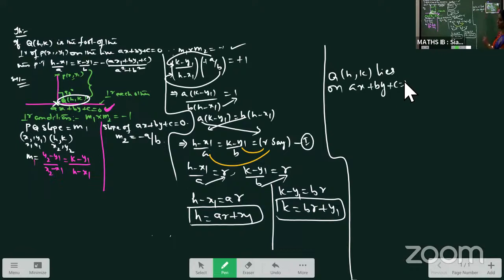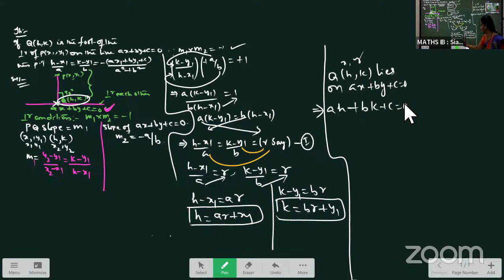The meaning of that is, this is nothing but your x and y. If 2 comma 3 lies on some given line, it means in the place of x and y, you have to substitute that point. Please remember this. Maybe a 2 mark question will also be there. So here, in the place of x and y we substitute: a h plus b k plus c is equal to 0. In the place of x and y we have substituted h comma k. But h and k are already available to you now.